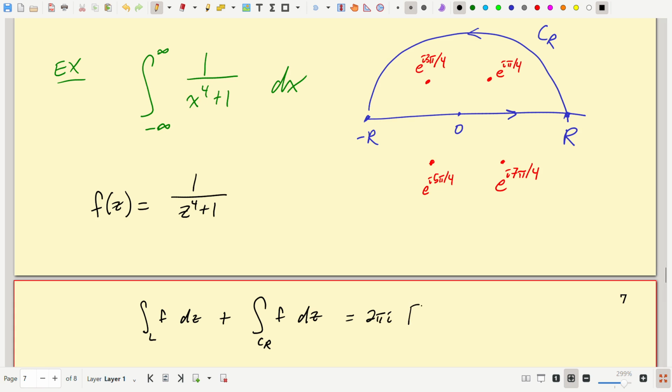So that would be the residue at e to the i pi over 4, which is square root of 2 over 2 plus i times the square root of 2 over 2, of my f, plus the residue at minus the square root of 2 over 2 plus i times the square root of 2 over 2, of f.